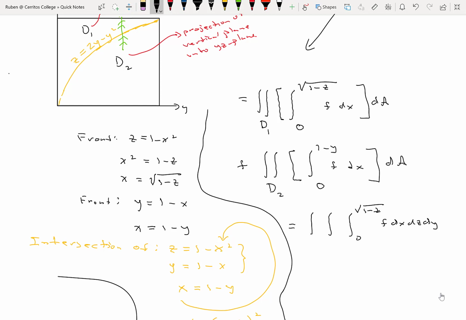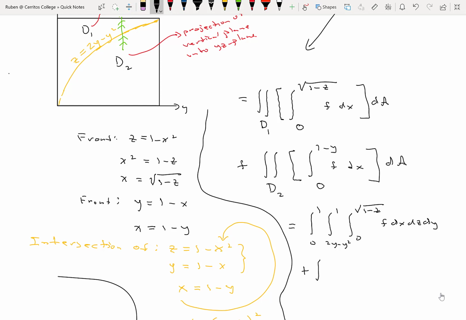Look at the little green arrow. Z goes from 2y minus y squared to 1. Z equals 1 along the top edge of that box. And then finally y varies continuously between 0 and 1.